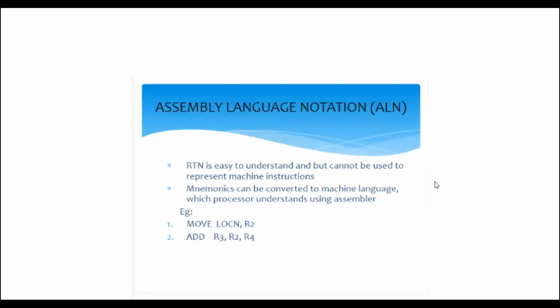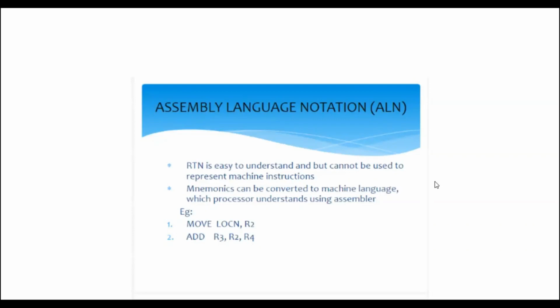We have an example of labels. They are identifiers that serve as place markers within the program for either code or data. These are replaced in the machine language version of the program with numeric addresses.